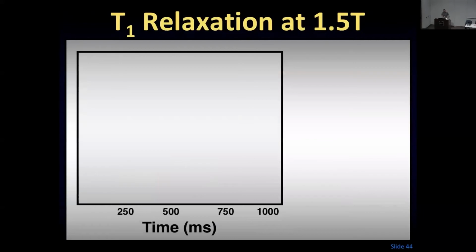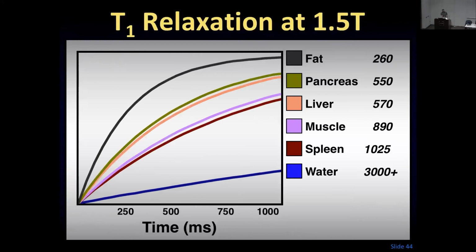Now, different tissues have different T1 relaxation times, as illustrated over here. And you don't necessarily have to memorize this for today, but the concept that I do want you to memorize is that because different tissues have different T1 time constants, if we manipulate the sequence in such a way that we can see the difference in T1s, we can separate tissues on MRI.